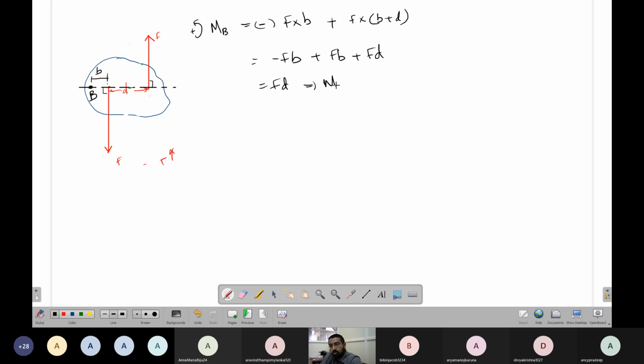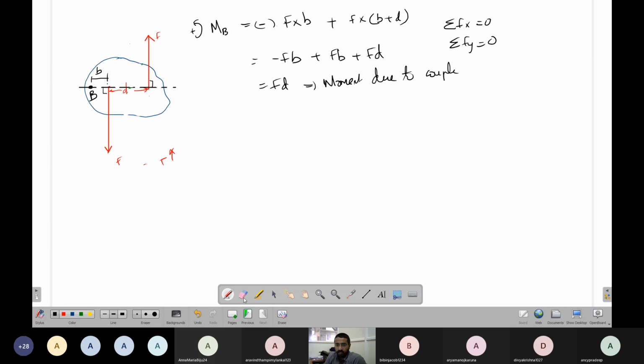This is equal to the moment due to couple. Right? Now, what is the summation of forces in x direction? 0. Summation of forces in y direction equal to 0.